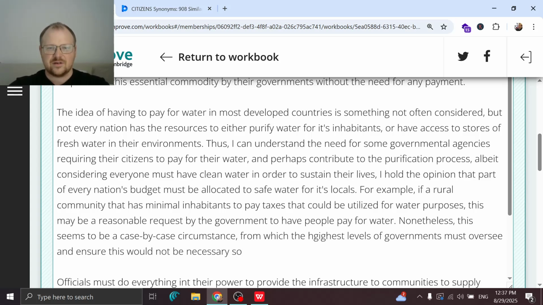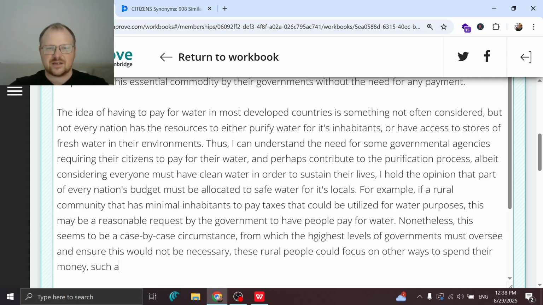So these rural people could focus on other ways to spend their money, such as food and shelter.